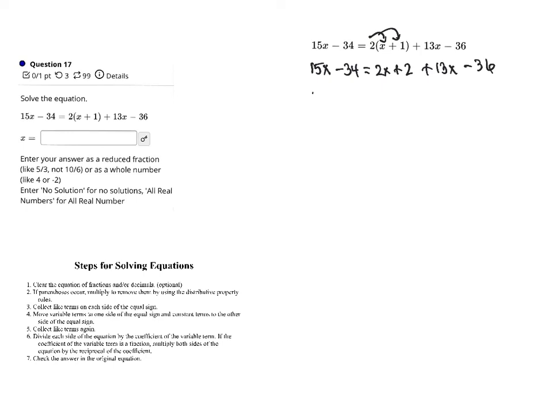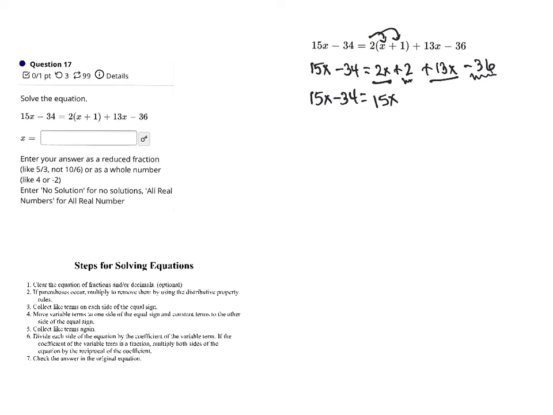So on the left, I have a variable term and a constant term, so I can't combine those. But on the right, I have a 2x and a 13x. Well, 2x plus 13x will give me 15x. And then a 2 minus 36, signs are different, so I'm going to subtract, take the sign of the larger.